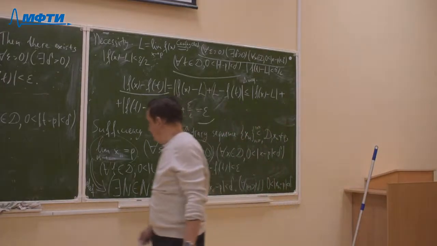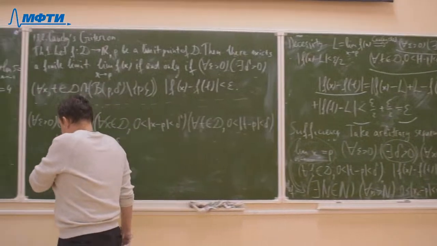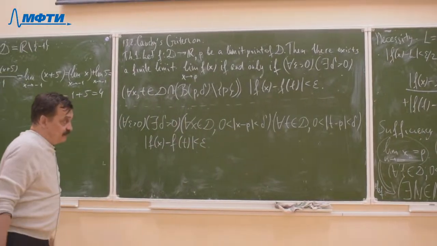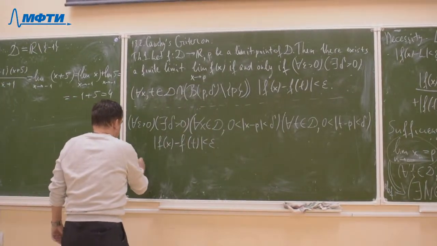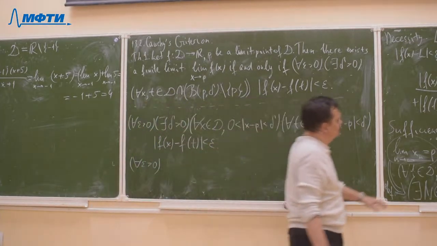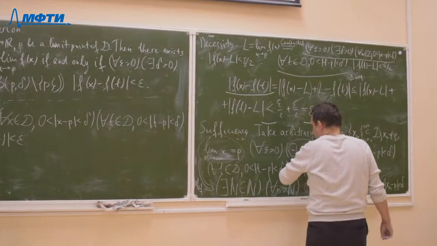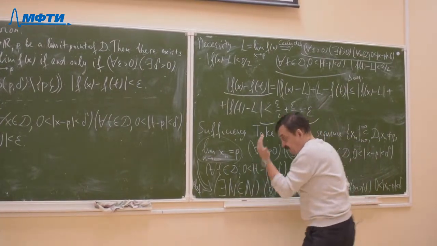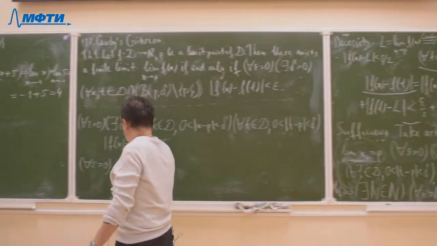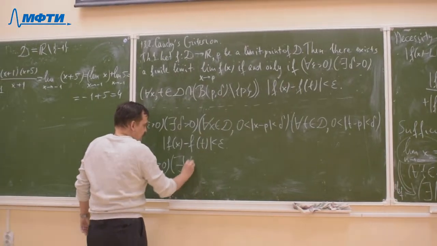Let me write. For arbitrary epsilon greater than 0, we have chosen delta, and from the delta we found capital N. I'll write the final step.